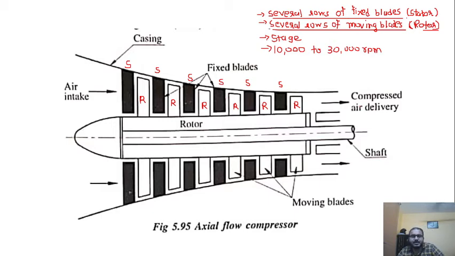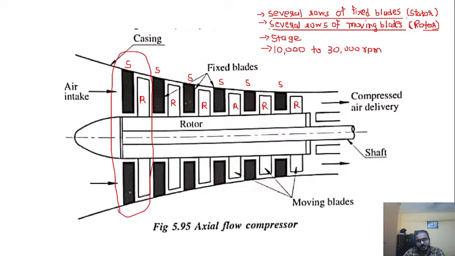Apart from that, let us define a stage. So what is the stage? Here a combination of one stator blade and one rotor blade is known as a stage. So here you can see this complete stage like this, that is stator and rotor.